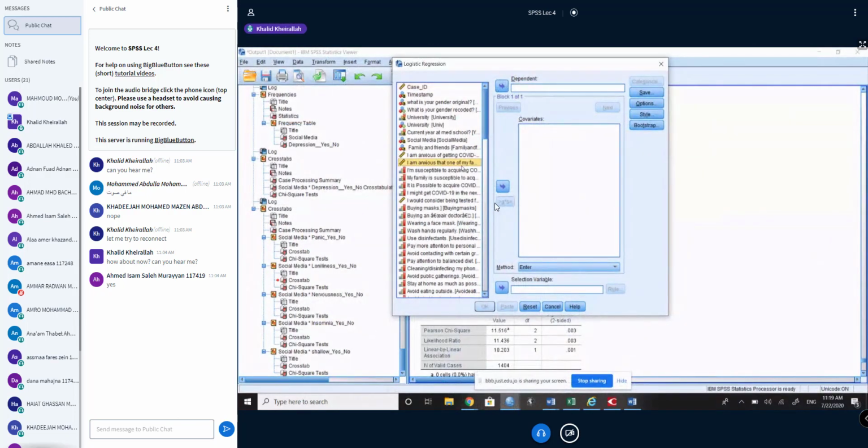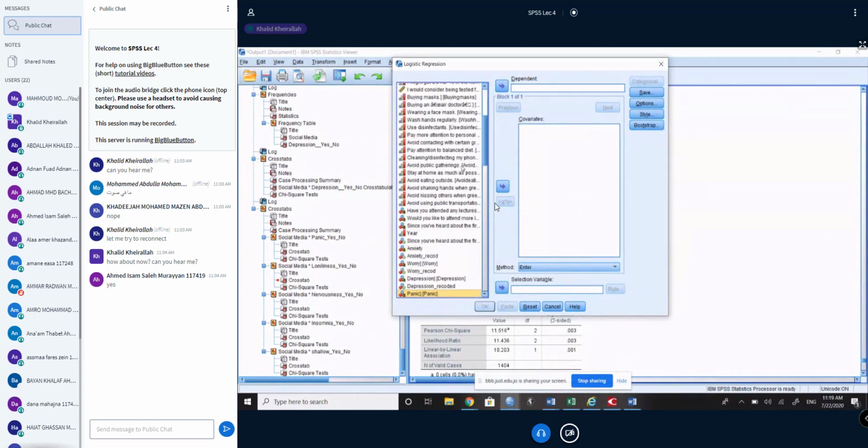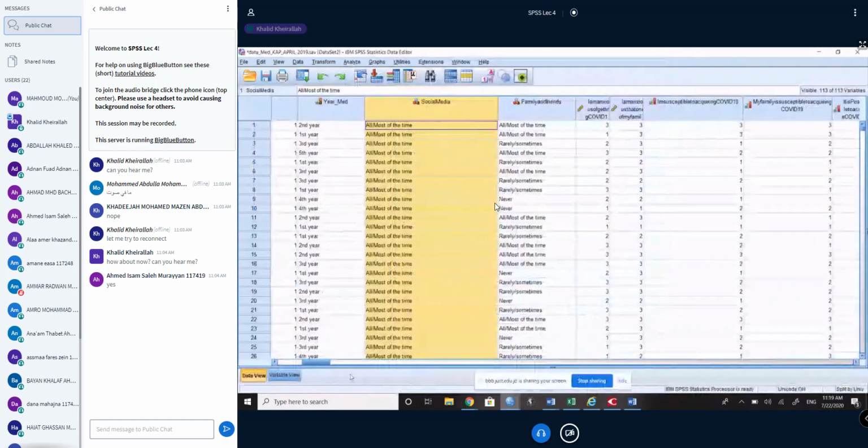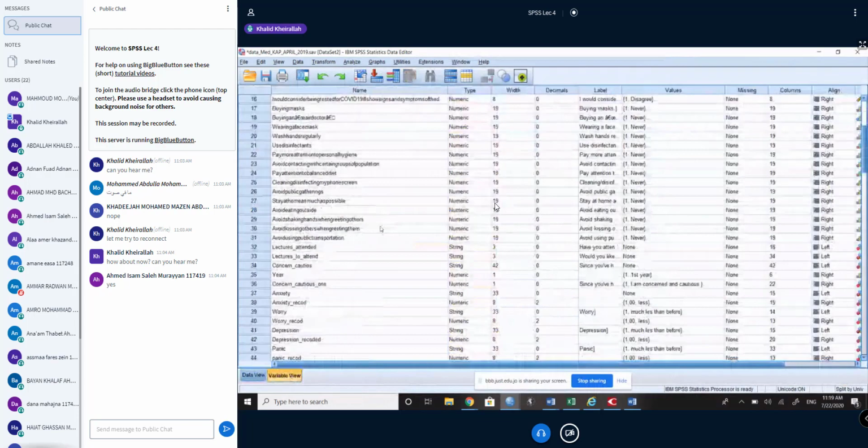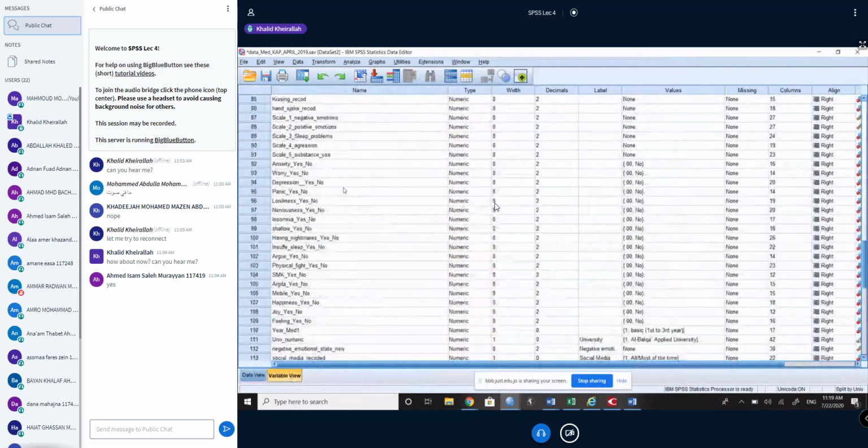So here we said we want panic. Panic, yes and no. So by logistic regression analysis, it is a variable that has yes and no. Before we continue, let's go to the variable view and look at anxiety panic attack.